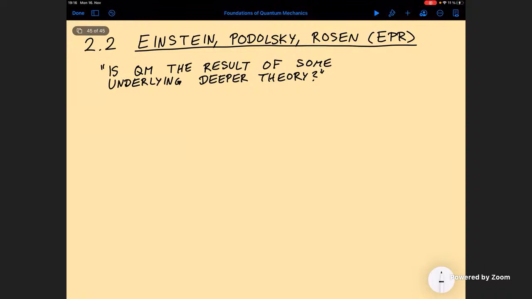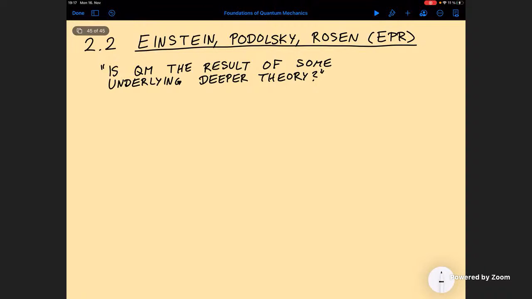Now, there is one problem if you wanted to look for such a deeper underlying theory, and that is the problem we already discussed when we discussed Heisenberg microscope or Copenhagen interpretation, and that is that there seem to be no trajectories. And there seem to be no trajectories because you cannot measure position and momentum at the same time. In fact, if you analyze it, even with relatively simple quantum mechanics, you find that if the position measurement localizes your particle very much, then after this measurement, the wave function is so localized that it has a very large momentum spread.